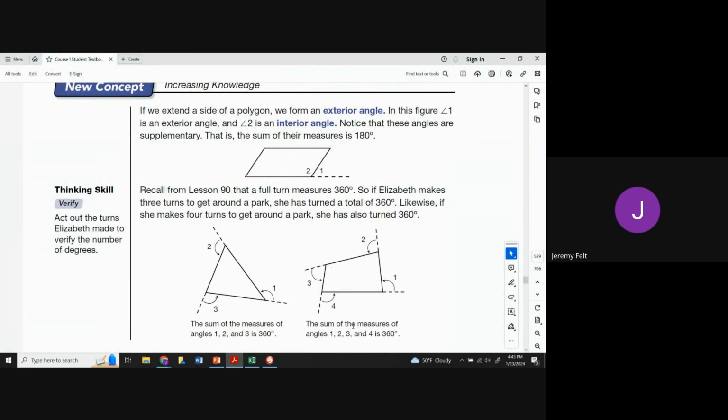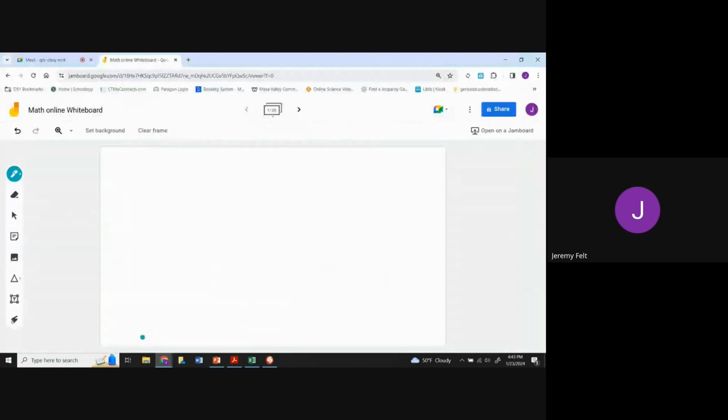Quadrilateral, same thing. Well, the sums, again, let's just use a simple example. Quadrilateral, let's say it's a rectangle. So this is 90 degrees.